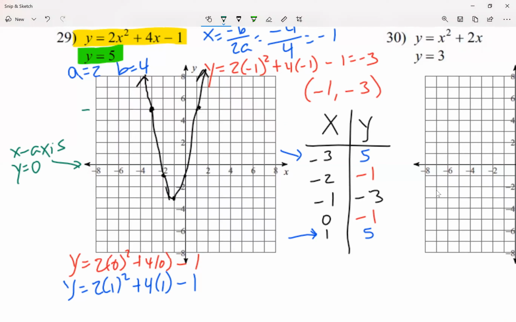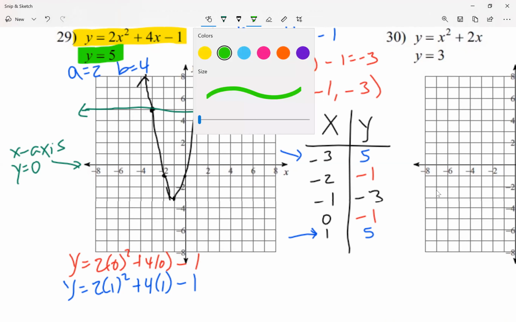Notice I switched the letter, right? X-axis, y equals 0, because in reality, any point on that line has the y value of 0. So y equals 5 is going to look like the x-axis just 5 lines above. So y equals 5 is this line.